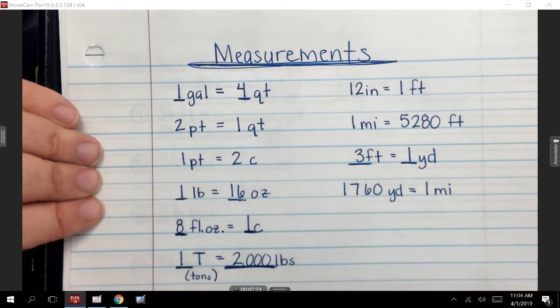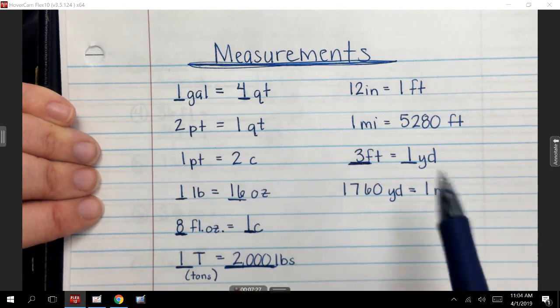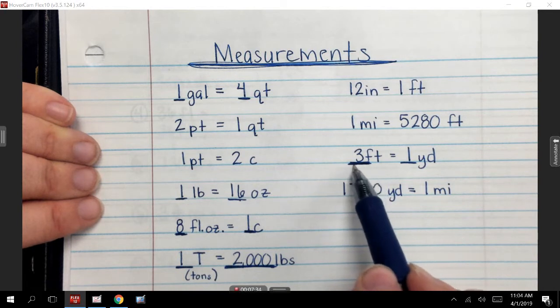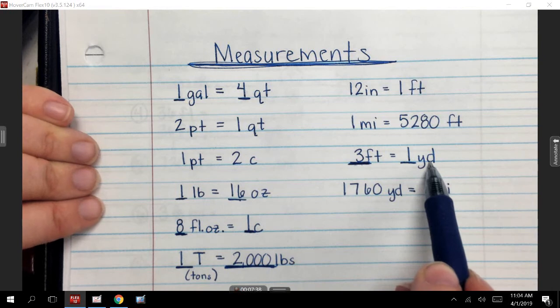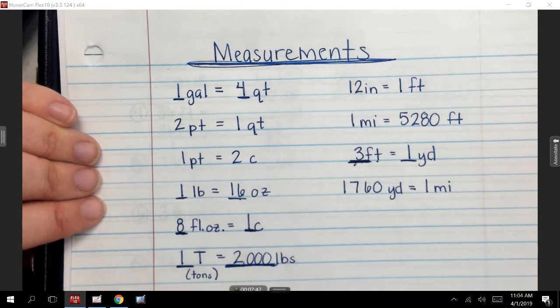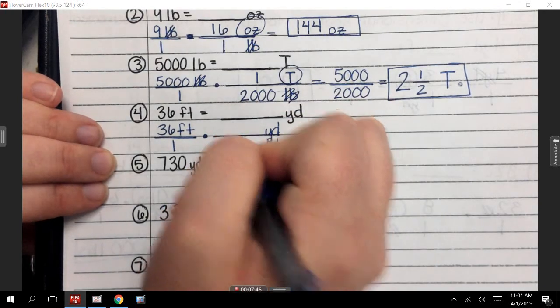And what number is going to go next to the feet? What number am I going to keep by my feet? All right. 1 stays with yards, so what number has to stay by the FT? 3. So next to my FT here on the bottom, I'm going to put 3.